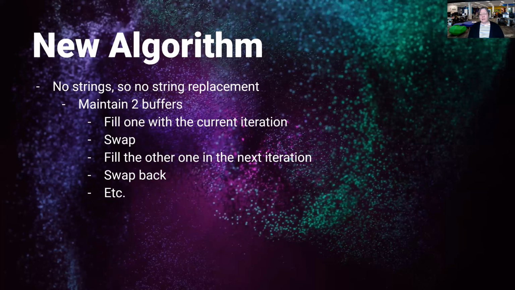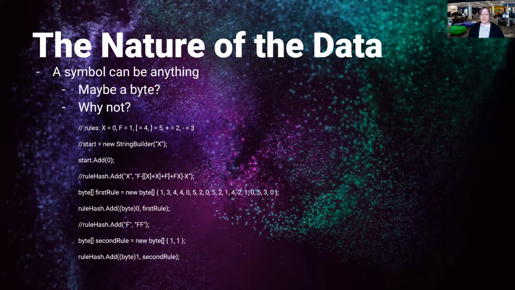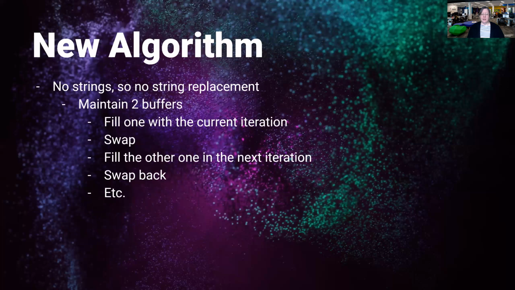And if I'm going to actually do a certain number of iterations to replace those numbers, so, for instance, the difficult one is the first rule where I replace the 0 with that whole long string of numbers that's in the first rule array. In order to do that and not keep replacing in the middle of an array, which is problematic, I use 2 arrays and I swap between them.